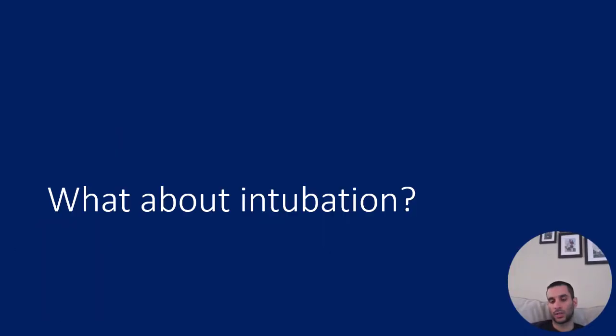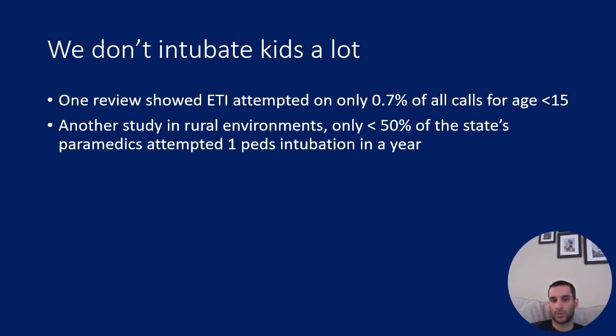Now, I mentioned endotracheal intubation as a last resort. What do we know about pediatric intubation? Well, we know that we as EMS providers do not intubate kids a lot. In fact, in this one study, it was only 0.7% of all calls for age less than 15. And note this, especially in rural environments, only 50% of the state's medics attempted one intubation.